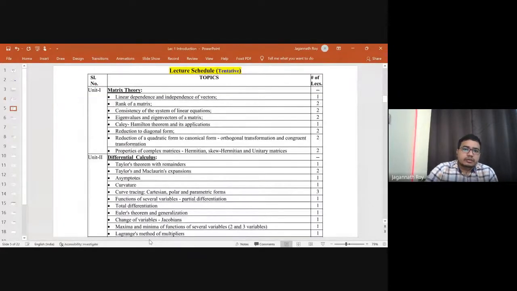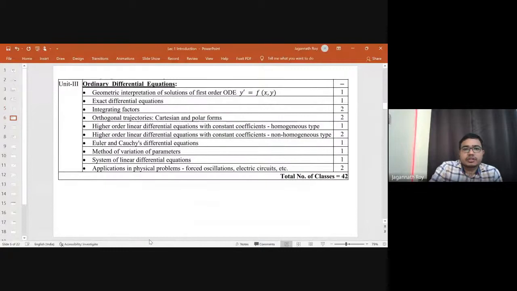Okay. Now these are the lectures schedule. So we will try to cover this matrix theory within 14 lectures. Then also this differential calculus within 14 lectures. Finally, ordinary differential equations again 14 lectures. So this is more or less overall idea.